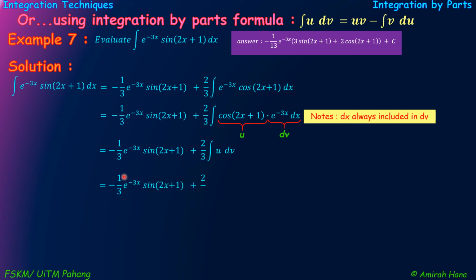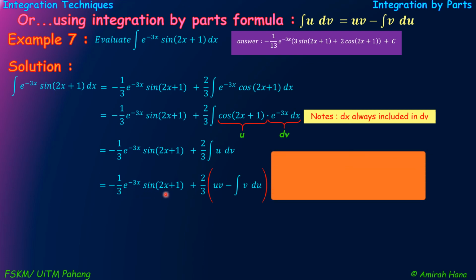After that, the integration of u dv equals uv minus the integration of v du, and we put brackets, because we multiply with 2 over 3 in front here. We still have this function, but we don't need to integrate it because there is no integration symbol.